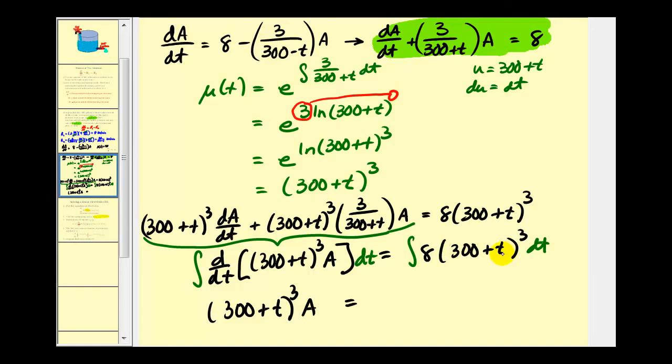And then on the right side, if we integrate this, we would have 8 times 300 plus t to the fourth divided by 4 plus c. Notice how the 8 and the 4 simplify nicely. Let's continue this on the next slide.